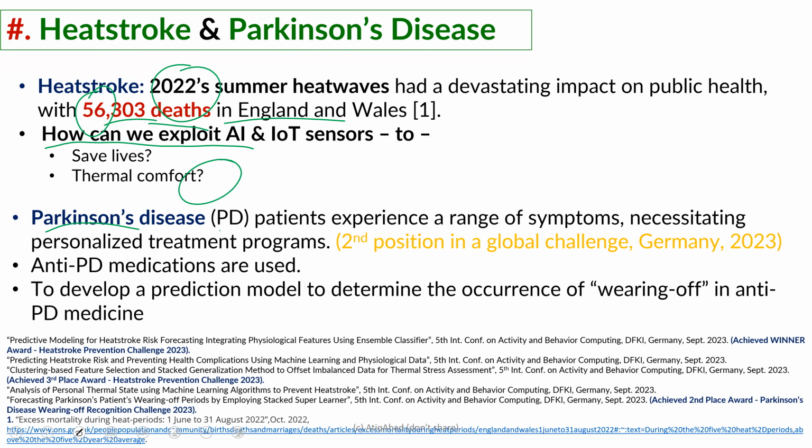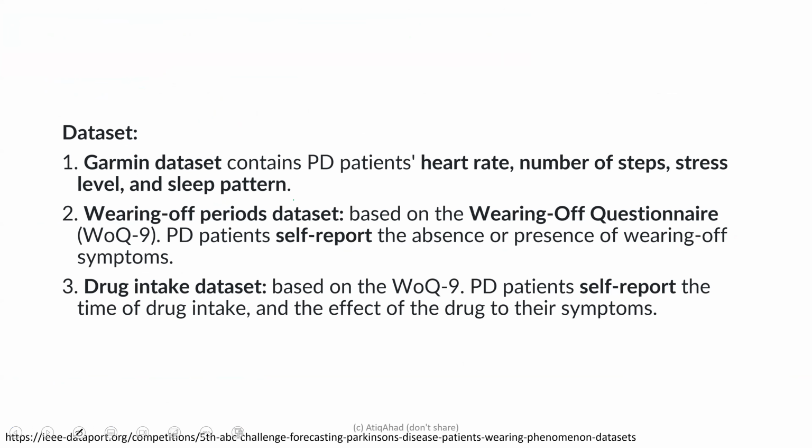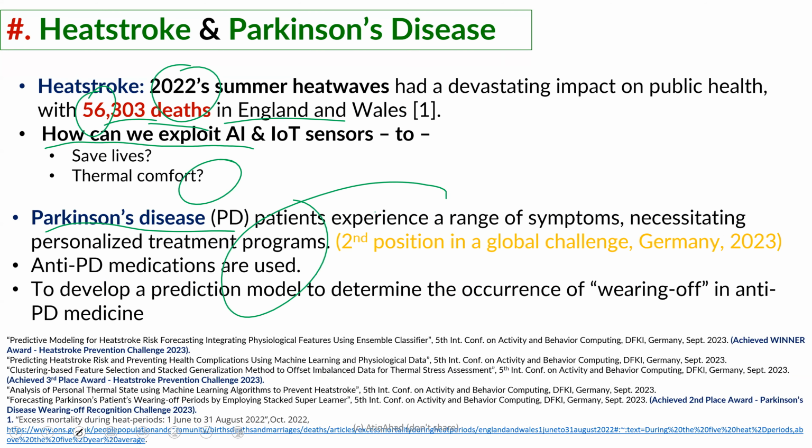Another point is Parkinson's disease, which is another issue. Take the wearing off problem: I have Parkinson's disease and I take a medicine, for example anti-Parkinson's medicines like levodopa, which should stop the vibration of my hand, or rigidness or weakness of the body.